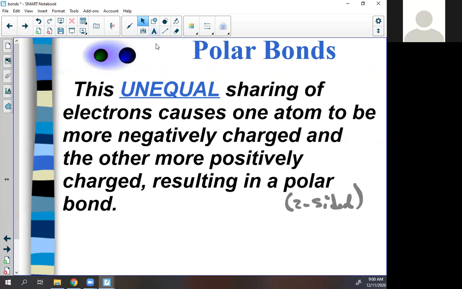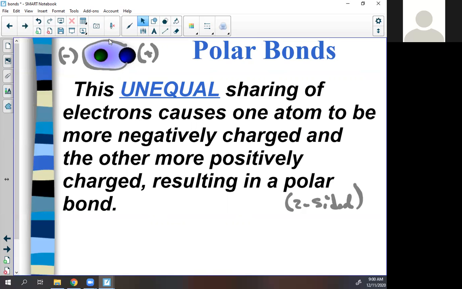So in this example up here, this cloud is representing the probable location of the electrons. And so if the electrons are always around the green, this one is the more electronegative, and this side of this molecule becomes a little bit more negative, and this side becomes a little bit more positive.